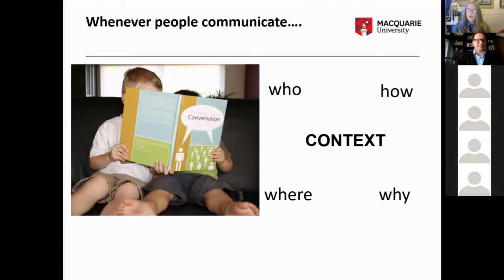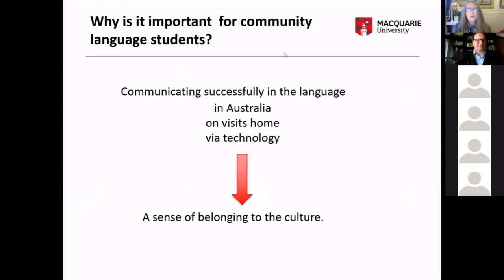So why is this important for community language students? Well, it's important because they need to communicate successfully in the language in a lot of different situations. They need to communicate in Australia when they're talking maybe in their family, with their parents, or with older members of the family. They need to communicate on visits home to their parents' or grandparents' countries.